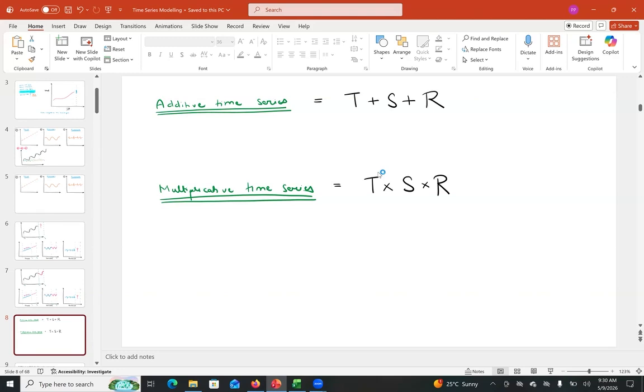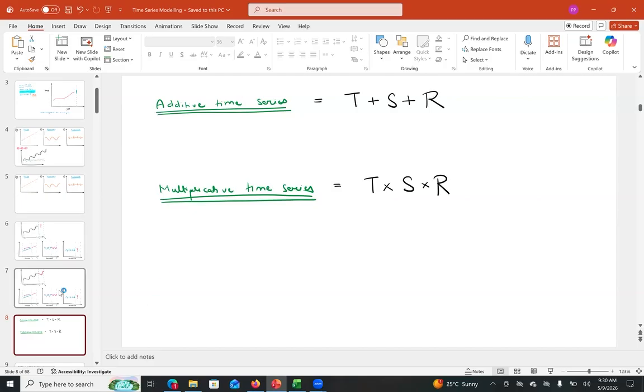There are methods to tell you whether it is additive or multiplicative, but those are not short methods. So what most of us do practically is solve the time series once assuming it is additive, and then assuming it is multiplicative, and we see where we get the best accuracy.